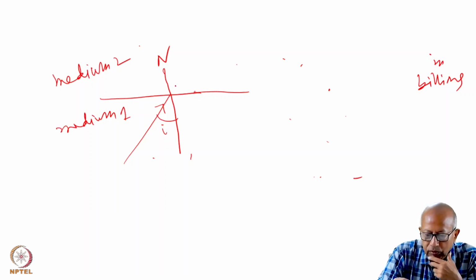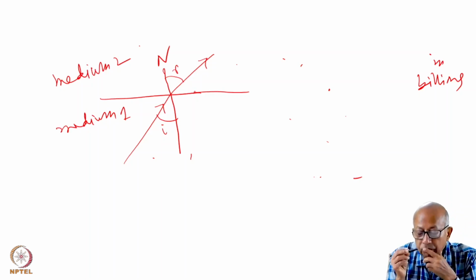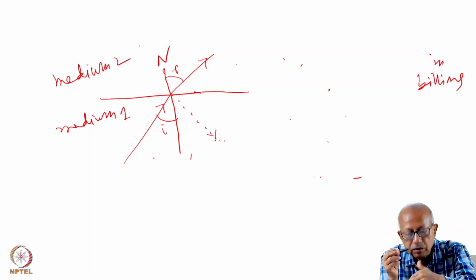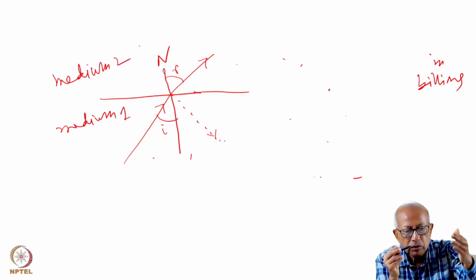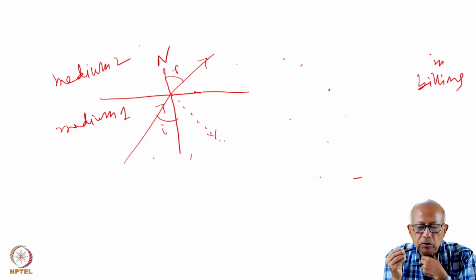Let's, just for the sake of argument, consider away from the normal. So this is the angle of refraction, and part of the light, of course, returns back to the incident medium, which is of course reflection. This is the same that we just studied, reflection on an interface between these two.